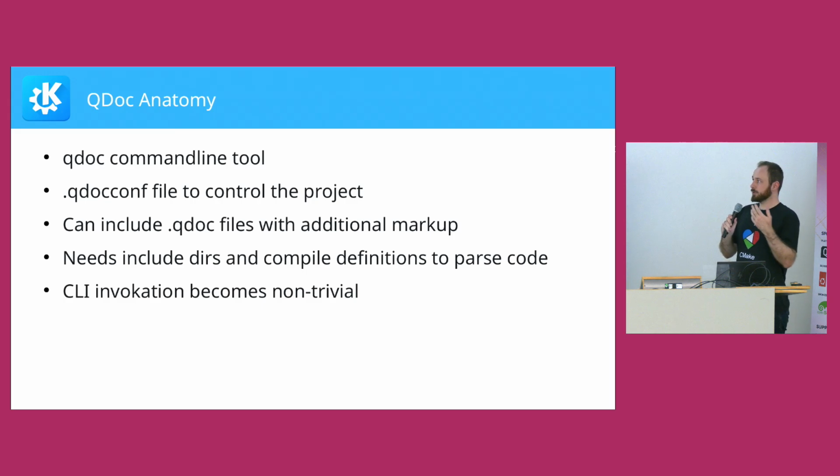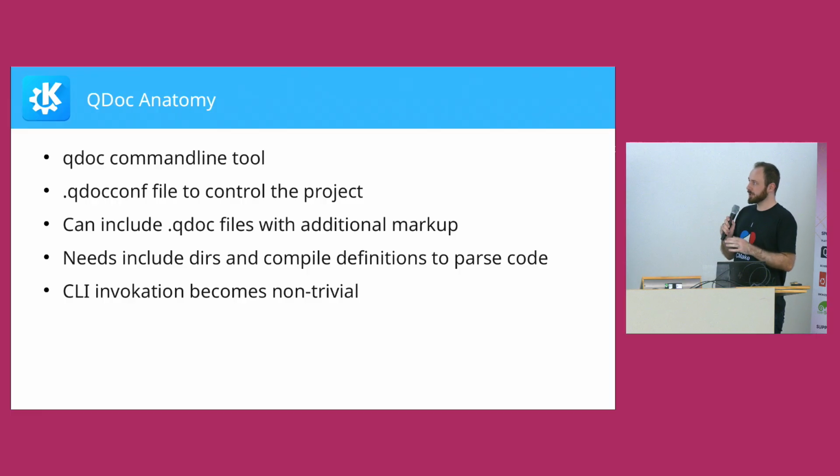And in order to do its job, and in order for the Clang-based parser to be able to parse your code, it needs some extra information. It needs things like your include directories, the compile definitions, so that Clang can actually understand all the includes and code and so on.